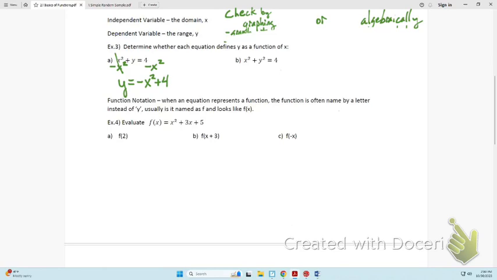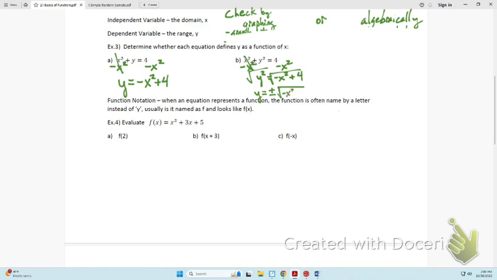We don't know if it's a function yet. This counts as one answer. And sometimes it's hard to see that when there's one answer, but when there's more than one answer, it's very obvious. For example, on B, when you subtract x squared, we still need to get rid of the squared by the y, because y isn't completely all by itself yet. And when you square root both sides, we have two answers for y.